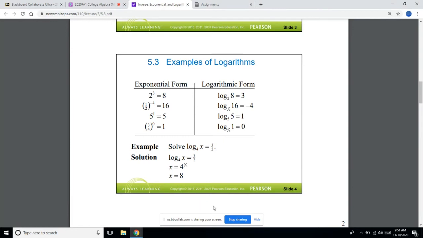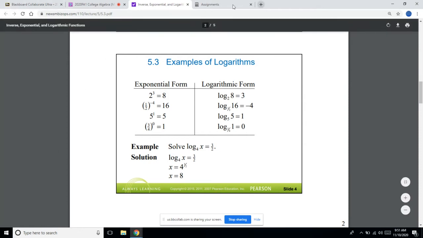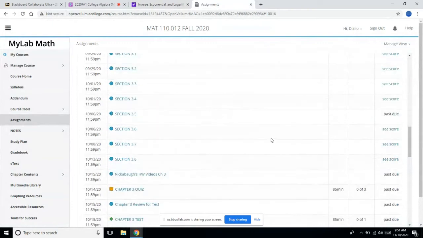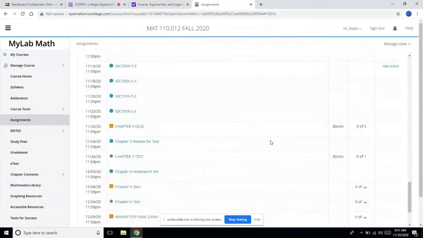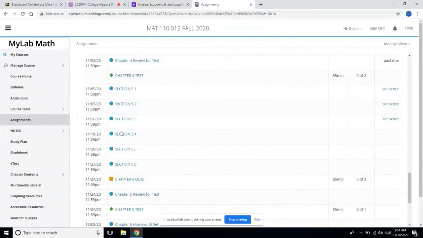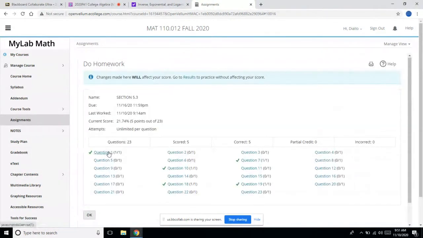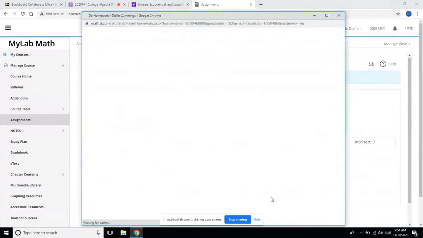Okay, before we go any further, I want to take a look at some homework problems. In particular, we'll take a look at problem number 1.